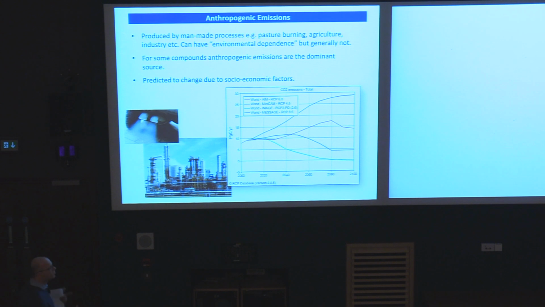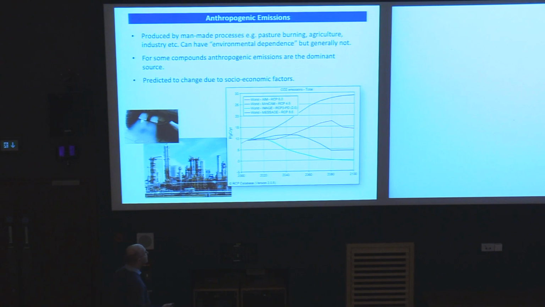Gradually over the years you would have a change, but you would find far less interannual variability in the anthropogenic emissions, as you find, for instance, in biomass burning or other natural emissions.